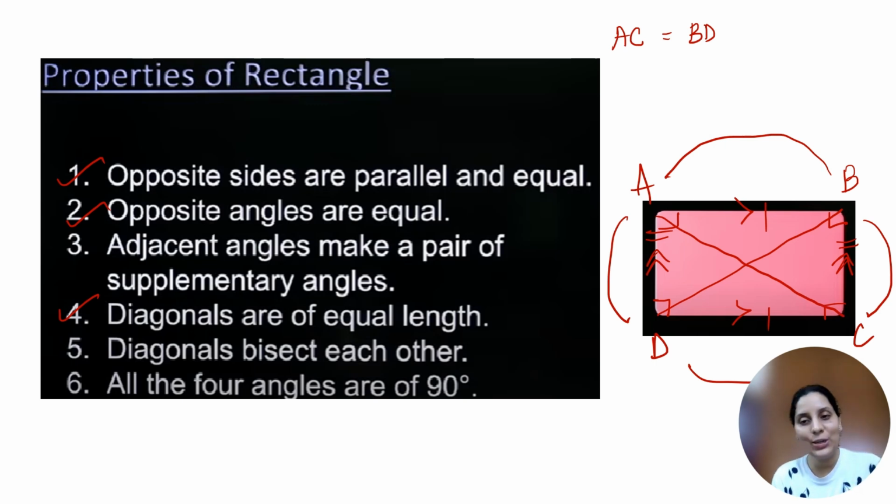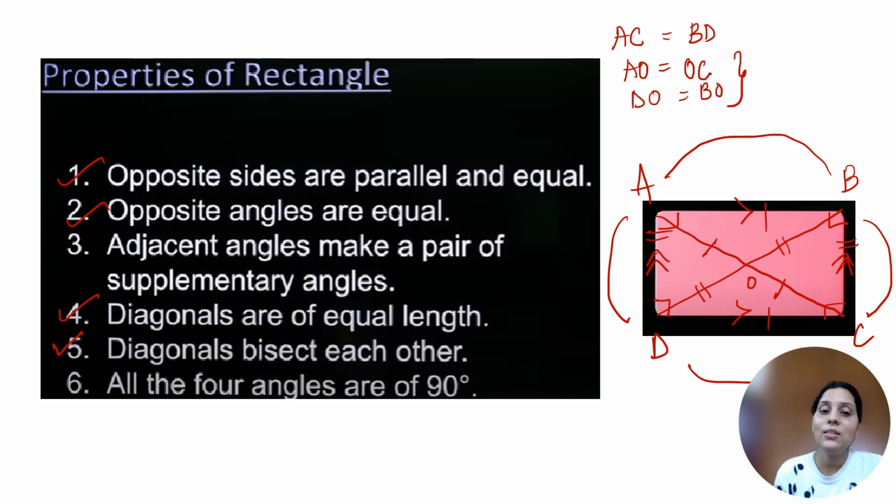Diagonals bisect each other, which means AO is equal to OC. This side is equal to this side. Also DO is equal to BO. And apart from this, all the diagonals bisect each other at 90 degrees.